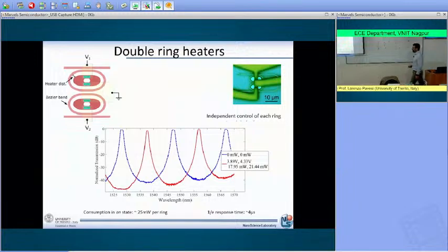And what you see here is the fact that you have a consumption for the microring resonator of only 20 milliwatt, very low consumption, and then the speed at which you can tune the microring resonator is 4 microseconds. Compared to the millisecond in the MEMS approach, so you see that we have obtained a very significant improvement.